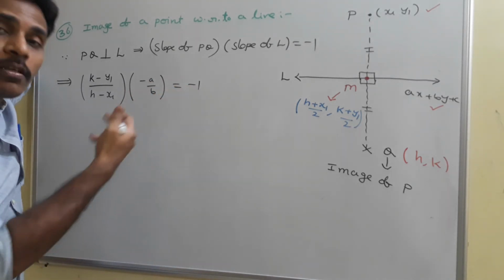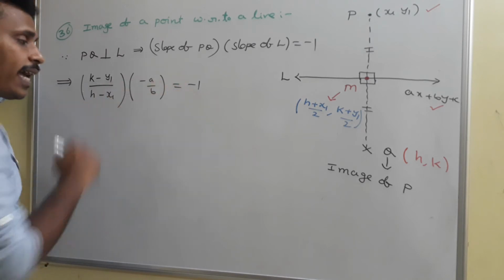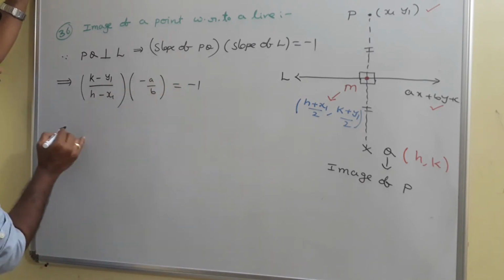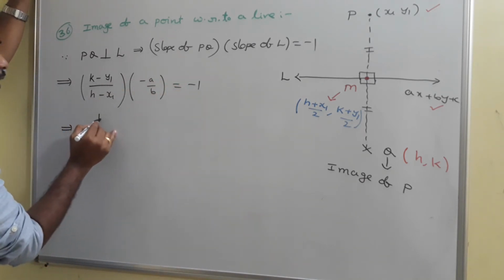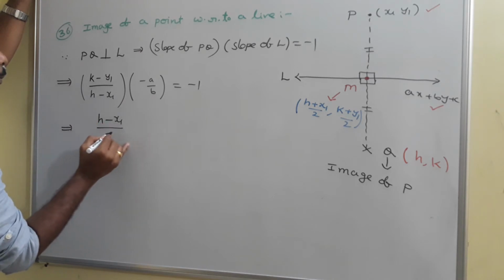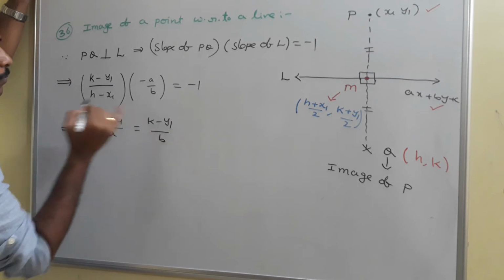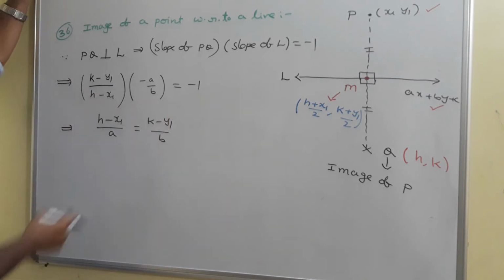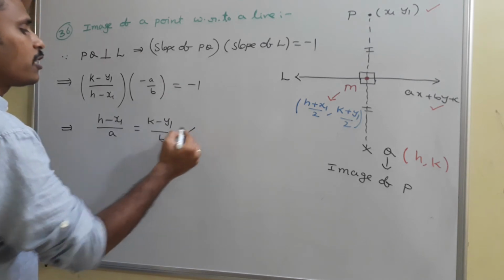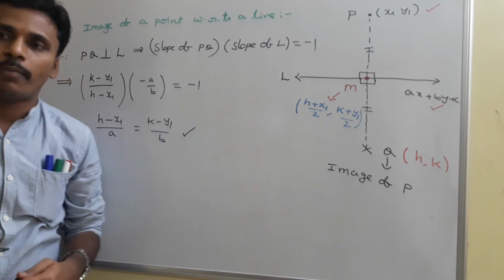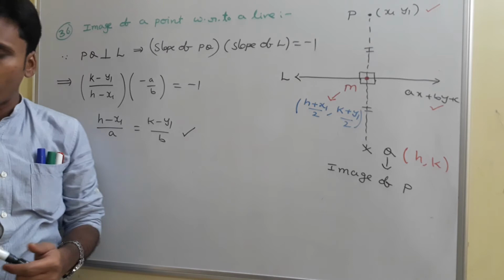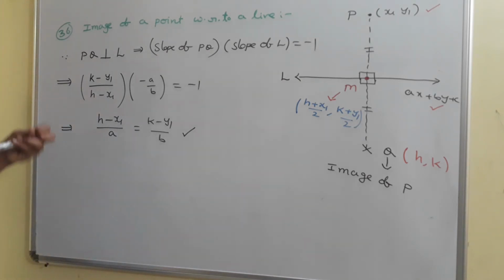Here further we need to simplify. The minus term will get cancelled. As we discussed in the above case, if we rearrange, you will get that (h minus x1)/a is equal to (k minus y1)/b. That's what we have in our hands, just as we discussed in the previous case. For the space concern, I am erasing this.